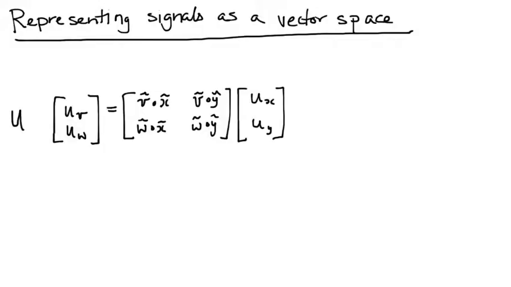The vector u is equal to u sub v in the v direction plus u sub w in the w direction, which is equal to the matrix multiplication of these two matrices over here.